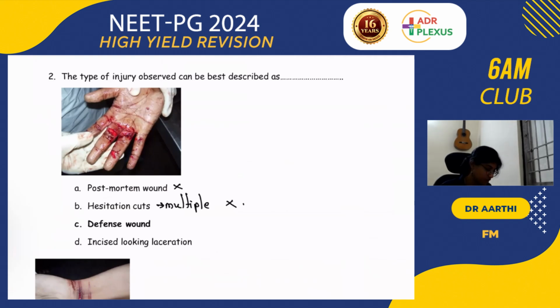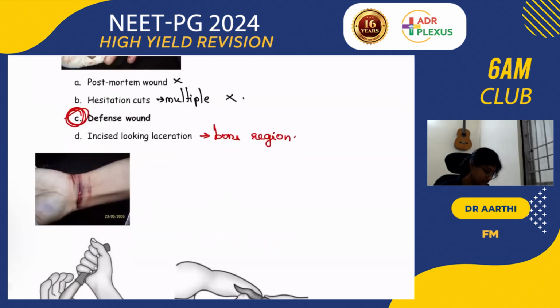So again, this is not the thing. And the last thing that we would see is it's a defense wound. It's not an incise looking laceration, because incise looking lacerations are generally seen over bony prominences, bony region. So not this. This is a defense wound, not a hesitation cut.